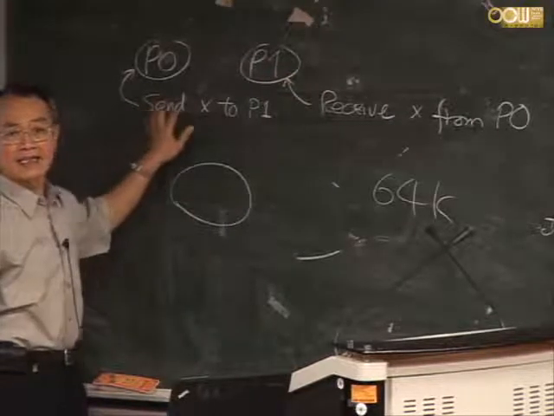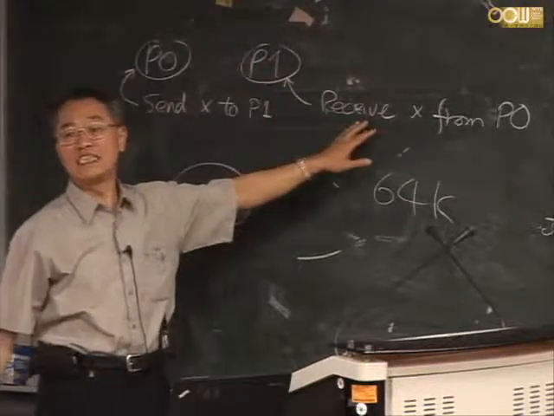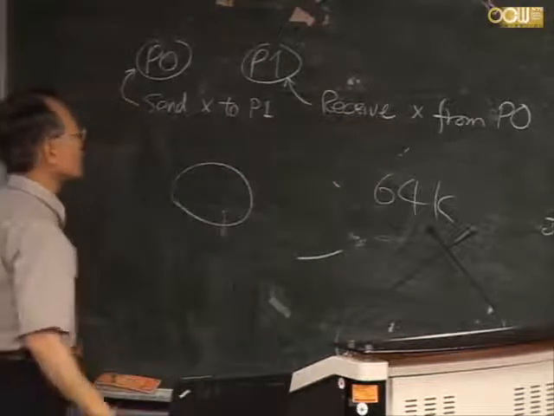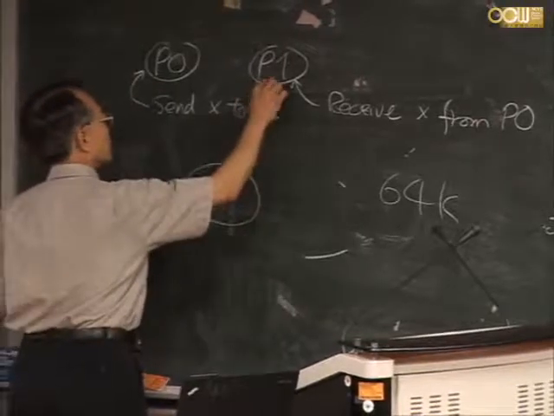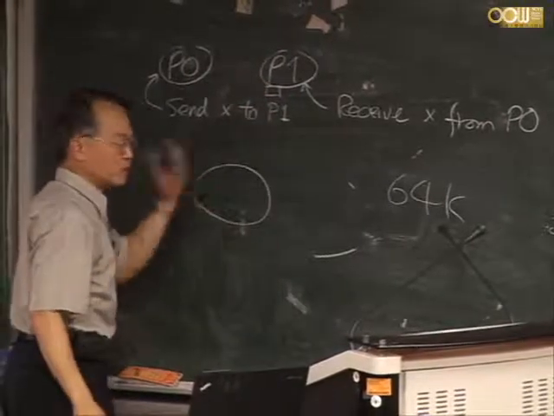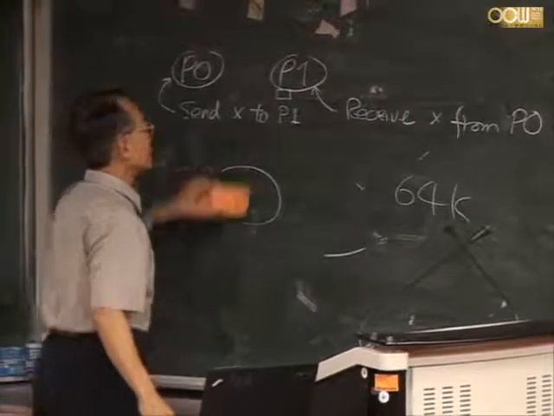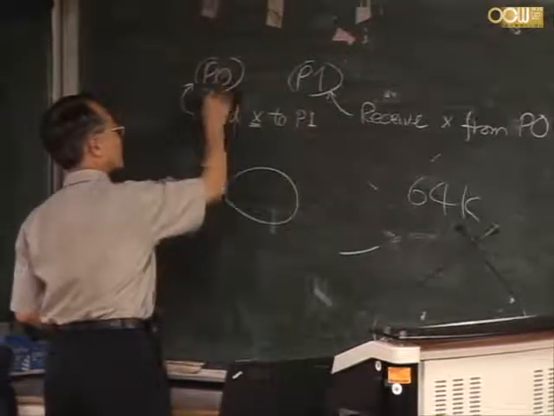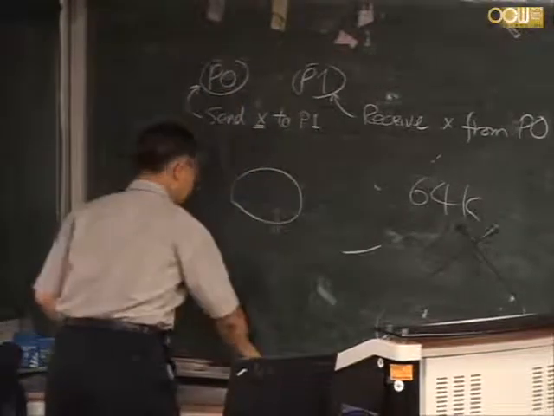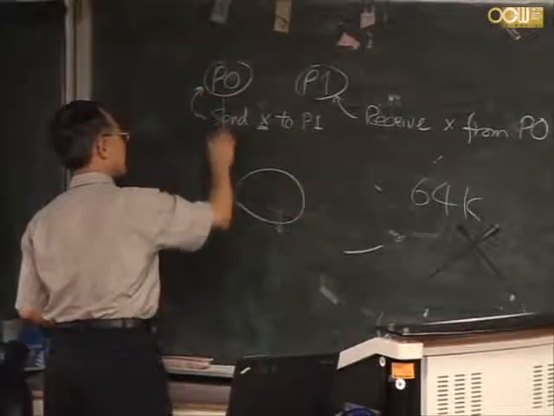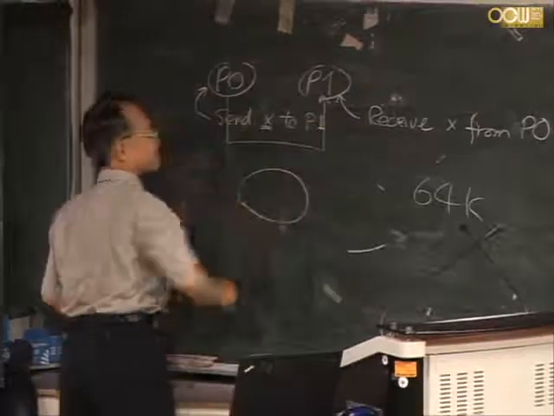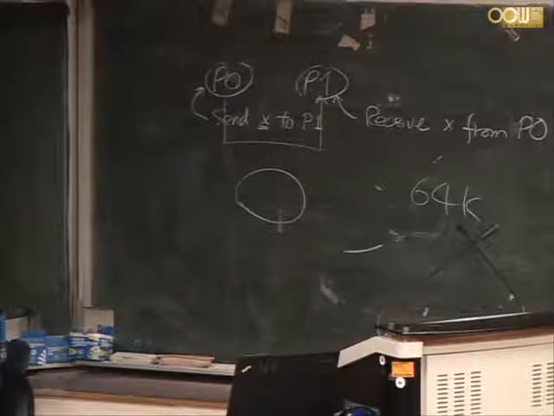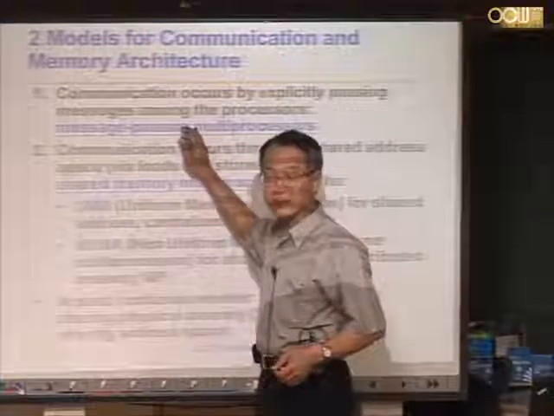And this kind of communication is through a buffer. Well, in fact, with buffer or without buffer is okay. Anyway, this message or this piece of data does not need to go through memory. It can go directly from here to there. That's the so-called message passing. Always works.